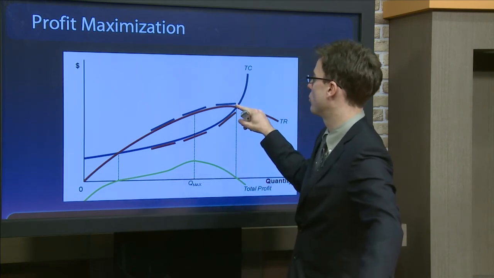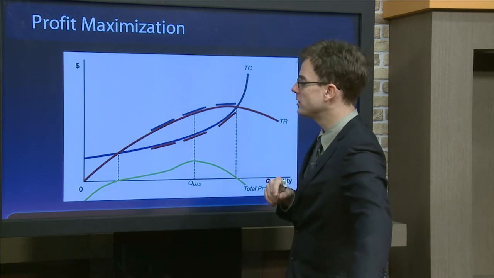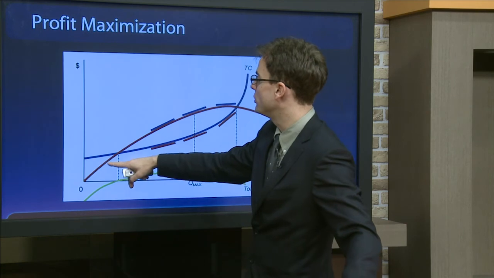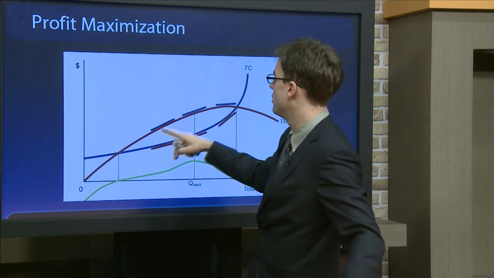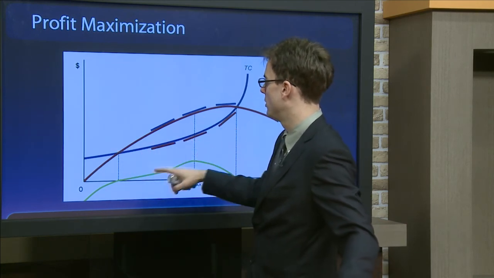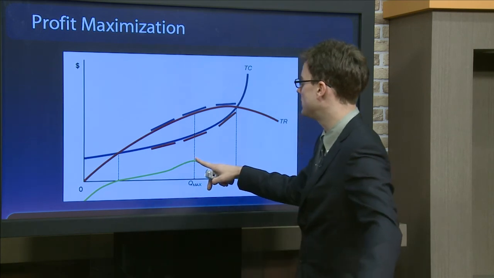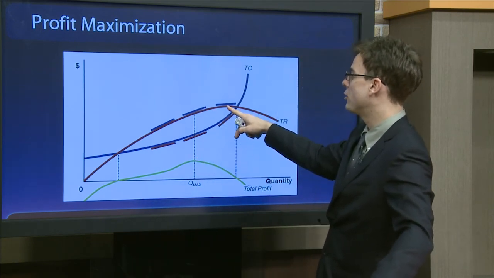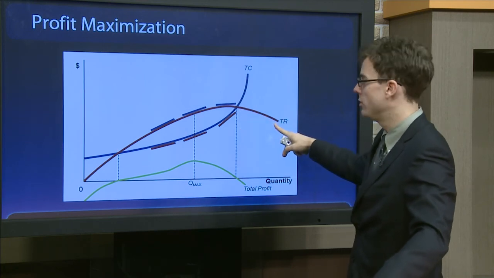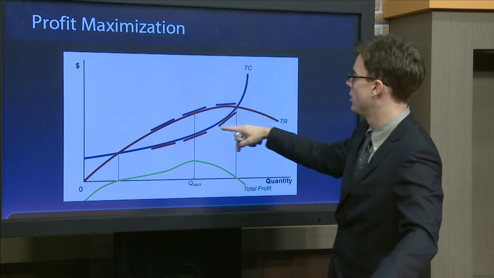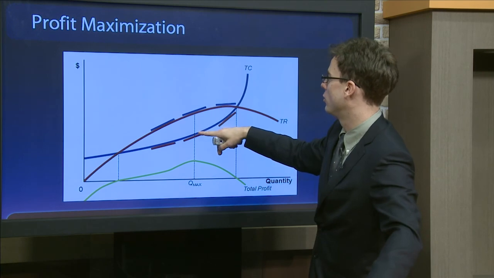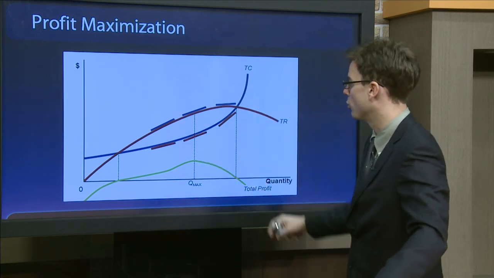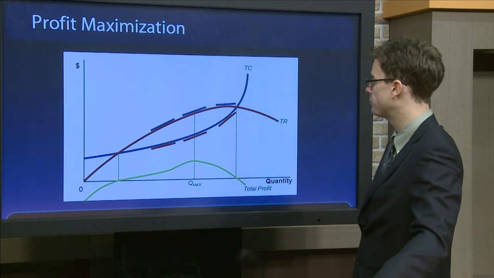That happens when total revenue is greater than total cost. We can say that as long as total revenues are steeper than total costs, profits are increasing. When total revenues become flatter or negatively sloped, and when the total cost curve is relatively steep, total profits are decreasing.